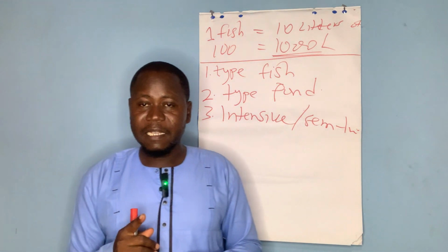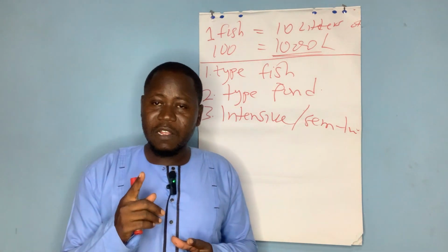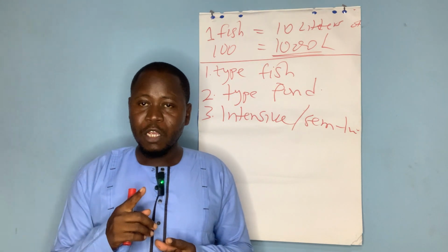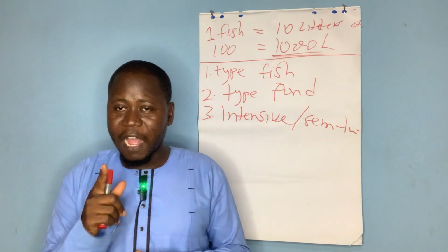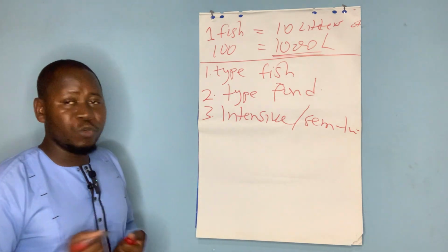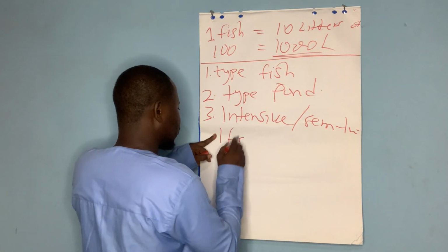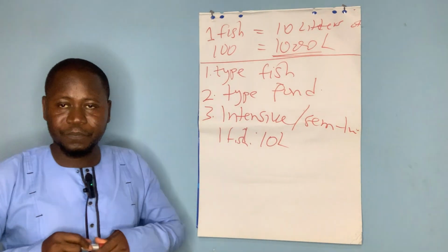This means that mostly in intensive, you either install a filtration or aeration system or you do regular water changes. Because of that, in intensive, we usually calculate one fish to 10 liters of water.